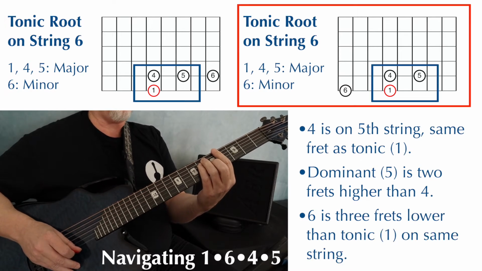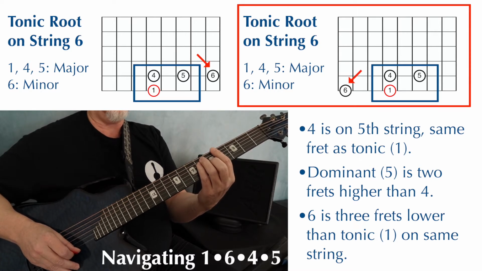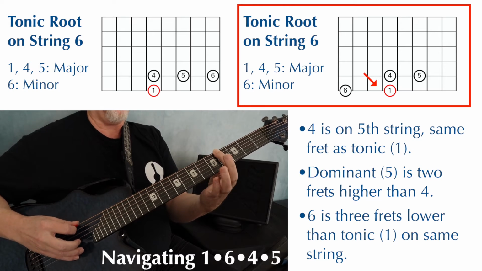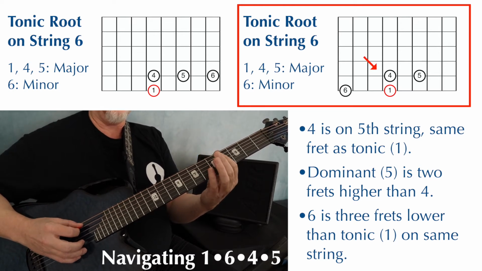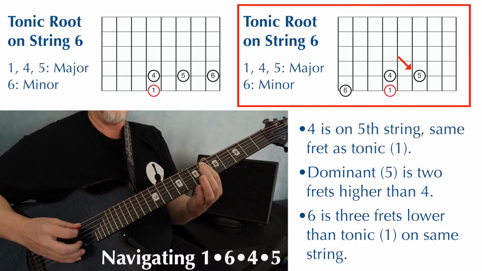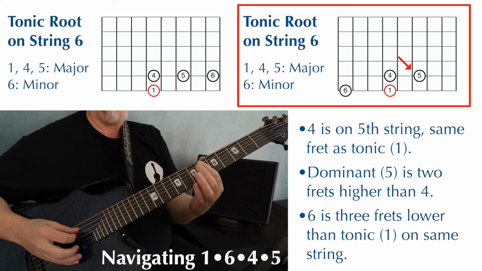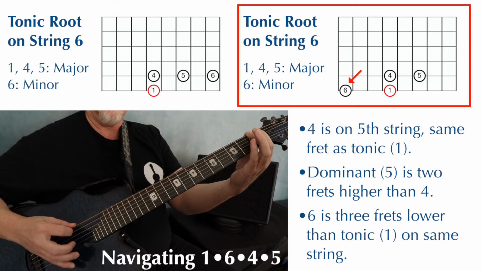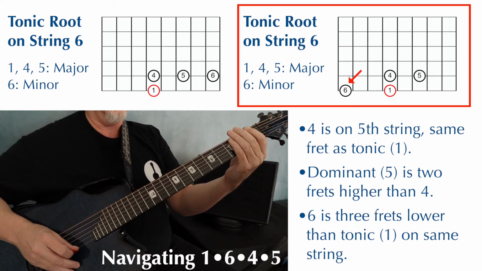We can keep our 4 and 5 chords in the same relative spot, but move our 6th chord so the root is on the 6th string. In this case, there's your 1 on the 6th string. Your 4, again, is going to be in the same fret on the 5th string. Your 5 chord is going to be 2 frets higher than your 4, but this time our 6th chord is going to be 1, 2, 3 frets lower than our 1 chord.